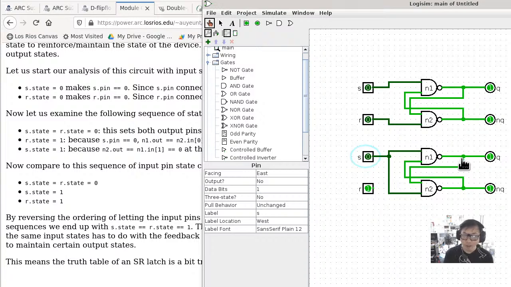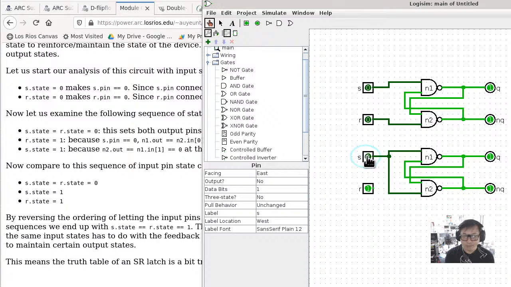Which normally would not be a problem, except that the 0 goes over to the input of each other, which means the second input of N1 and the first input of N2 will now switch to 0, which is going to force the output of both NAND gates to become 1s again. Okay, so how is this going to resolve, right?